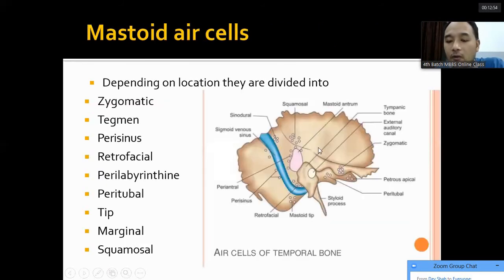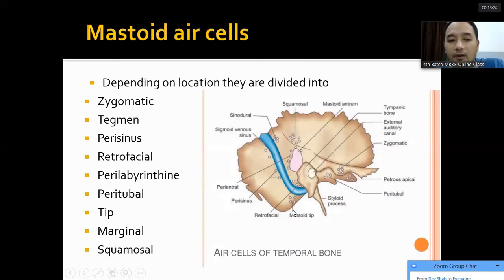Now, depending on the location of these cells, they are grouped into different categories. Zygomatic mastoid air cells along the zygoma, tegmen along the tegmen tympani and tegmen antri, perisinus around the sigmoid sinus, retrofacial behind the facial nerve, perilabyrinthine in the medial wall, peritubal around the Eustachian tube, at the mastoid tip, and the marginal and the squamosal part.